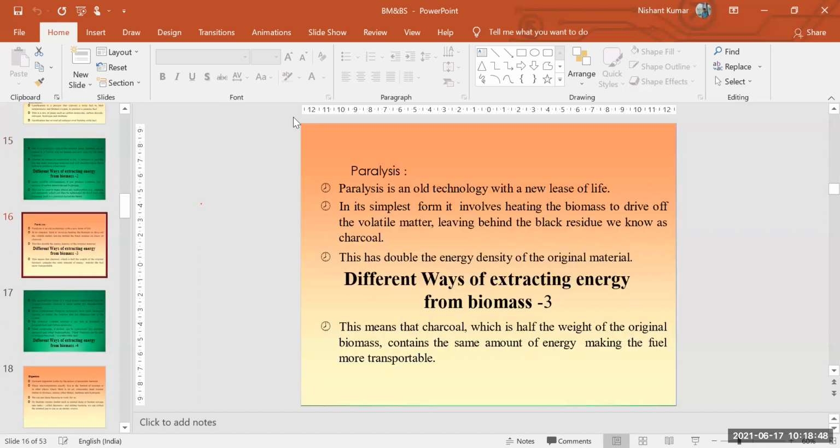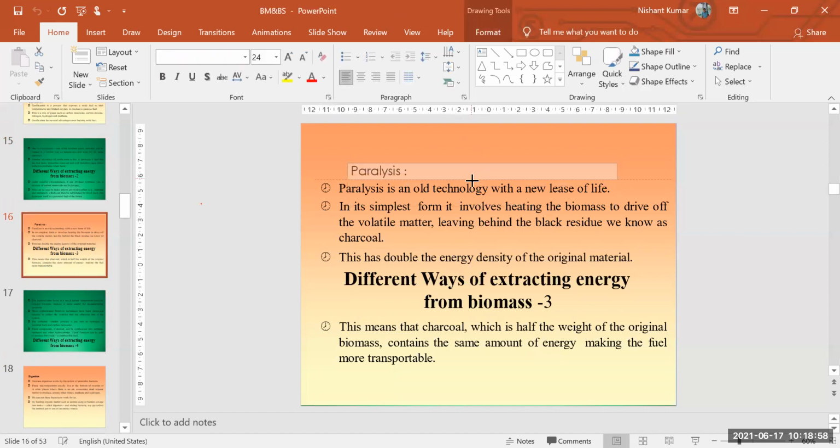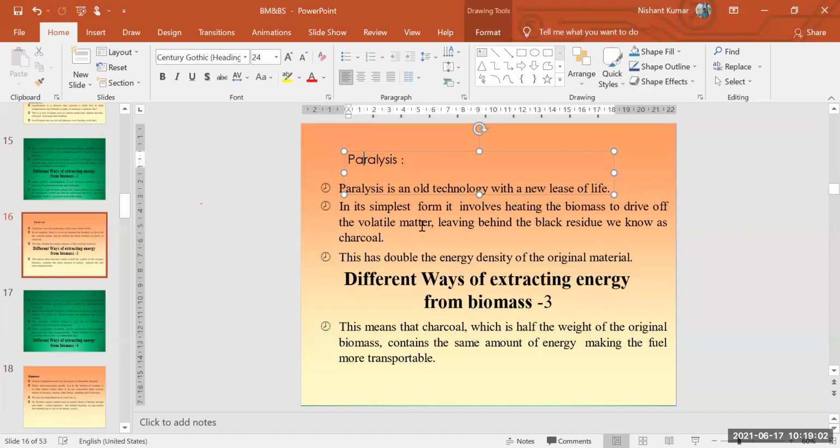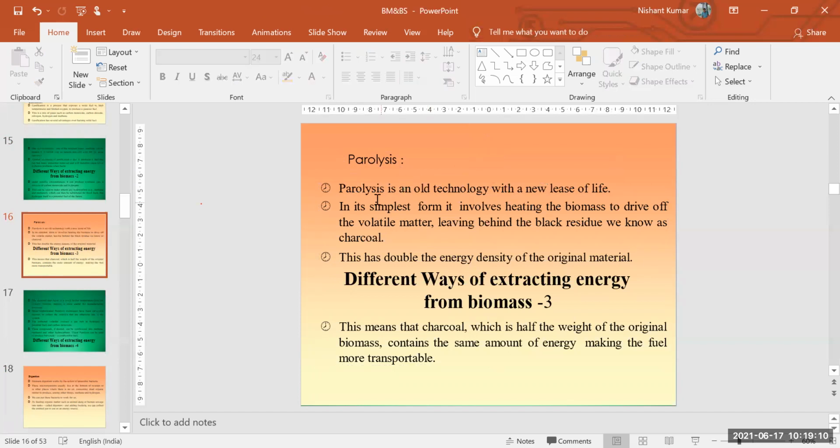Now, it's written as paralysis, it is not paralysis, it's pyrolysis. It is a very old technology with a new lease of life.